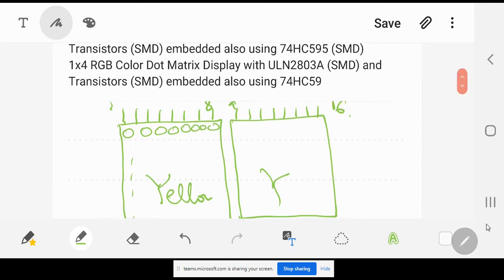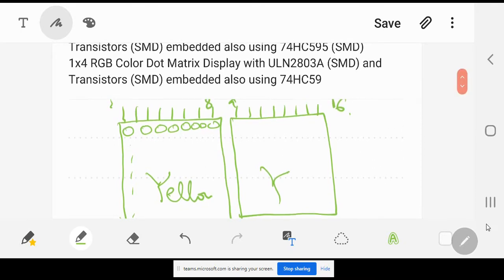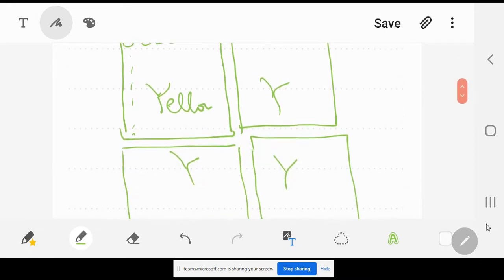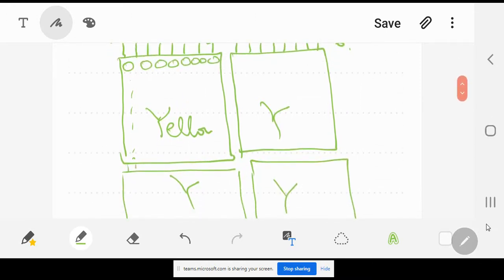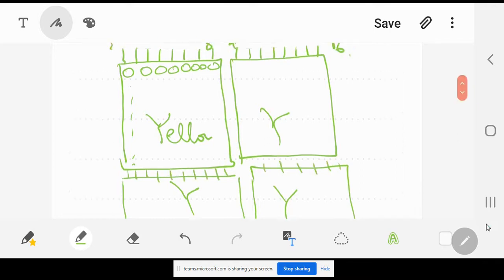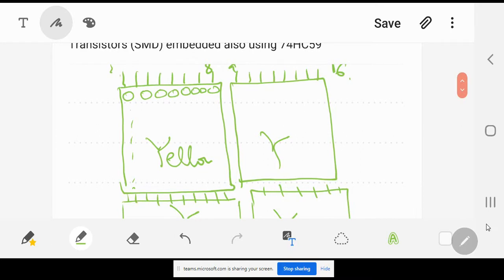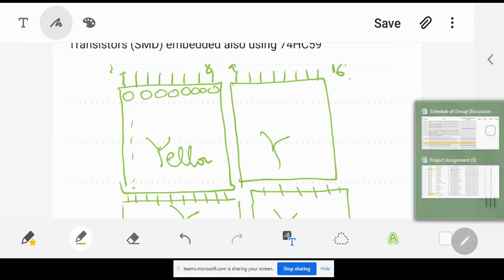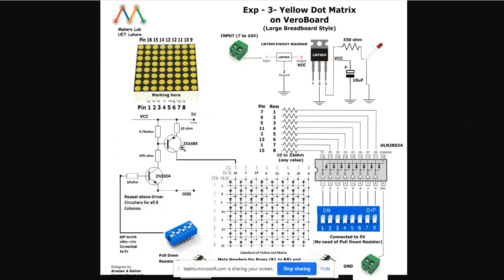So what you are doing here is having columns energized. When you arrange it into 2 cross 2, there will also be some columns which will be energized. So when you connect this with the transistor, that transistor will certainly be the 2SA684.